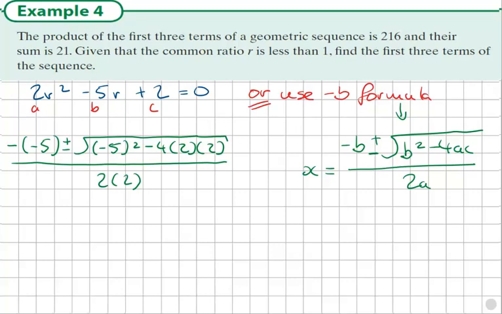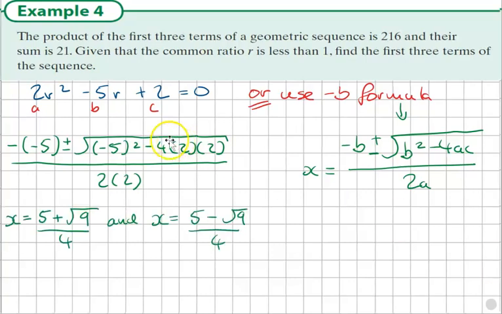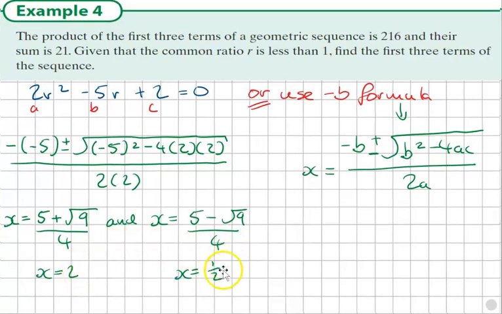Subbing into the formula and remembering to break the question down into 2 different parts, one with a plus and one with a minus. So we have 5 plus root 9 over 4 and 5 minus root 9 over 4, which again gives us 2 and a half. And again, from the question, we know that r is less than 1, so r must be a half. Now I know I have x there, that's just from my minus b formula. So I'm going to go back to r now.